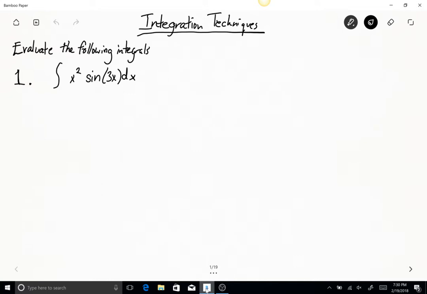So if we didn't know how to approach it, let's think about the types of techniques that we have. We have integration by parts, and that's usually when you have a product of two functions and where we don't have one in terms of the other. Alongside that integration by parts, we have trigonometric integrals.